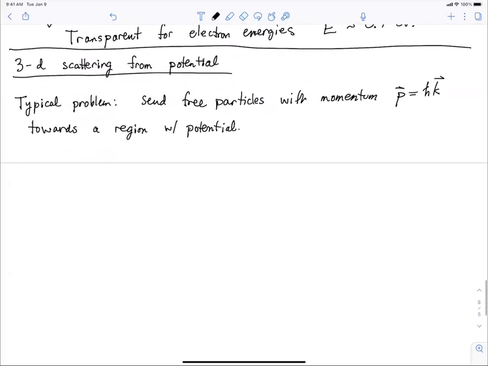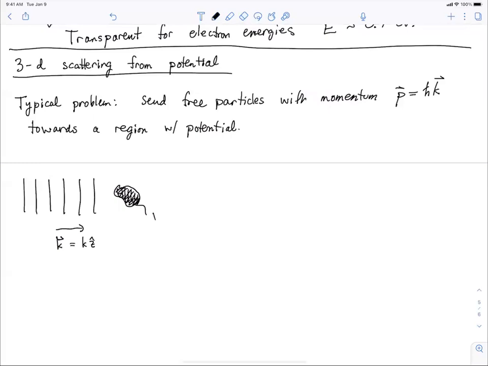Okay, and so the cartoon version of this is here's our wave coming in. Here's some potential region. I'm just drawing it as a shaded blob. And we're going to choose our wave vector to be in the z direction. That's just a choice of coordinate.